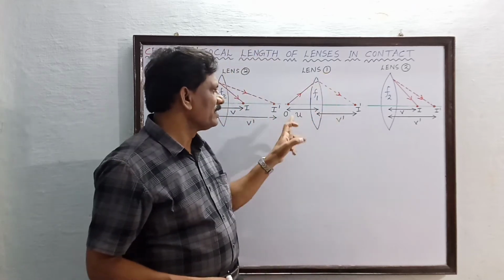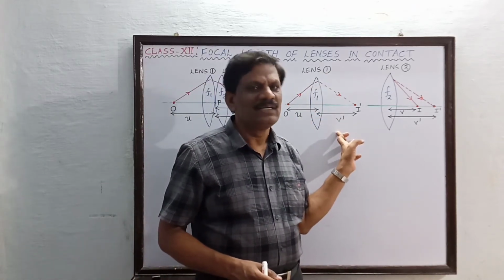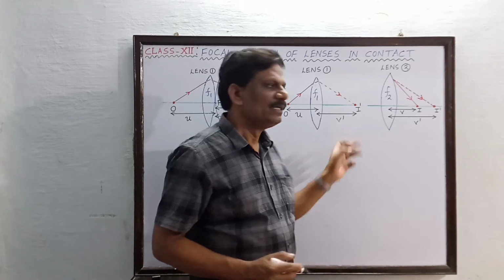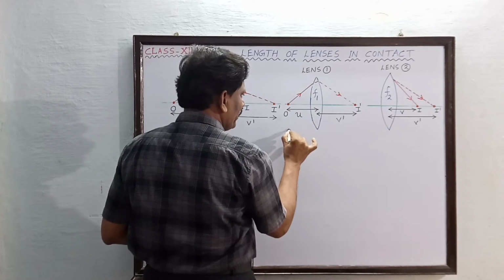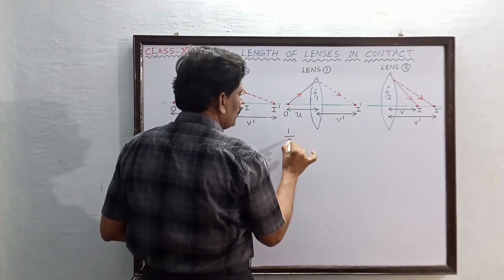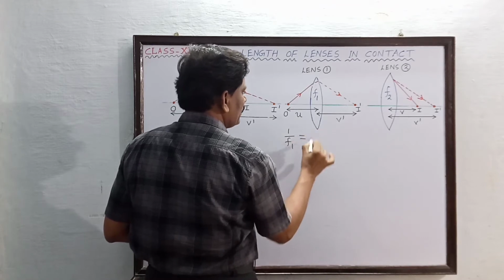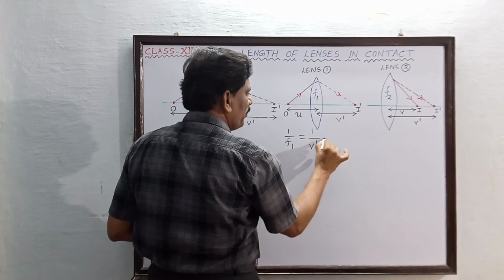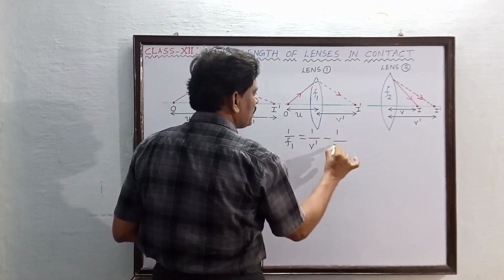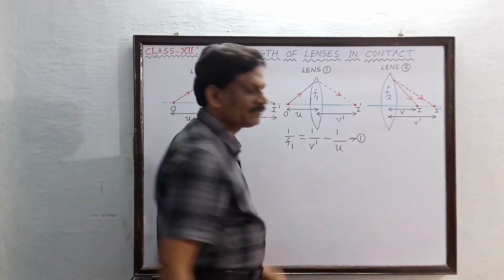So for the first lens, object distance is u and image distance is v dash. So for the first lens alone, I will write the lens formula: 1 by f1 is equal to 1 by image distance v dash minus 1 by object distance u. So this is equation 1.